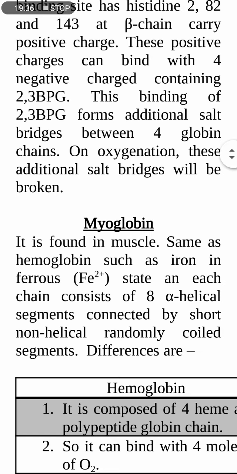Then the myoglobin. That's all for the structure and function of hemoglobin. Then a similar conjugated protein, a chromoprotein, present in our body in the muscle, we call myoglobin.